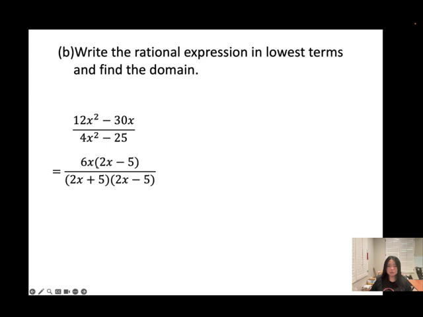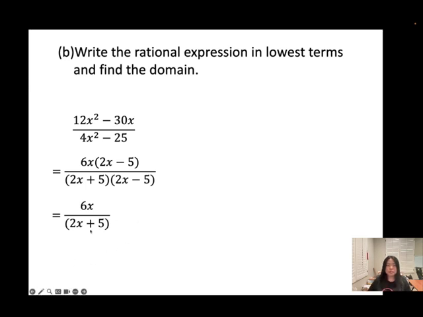On the top, I just factor out the 6x, so you can see this is a multiplication: 6x times 2x minus 5, and then 2x plus 5 times 2x minus 5. So we can simplify these two factors. We're left with 6x over 2x plus 5. And then we want to find the domain.